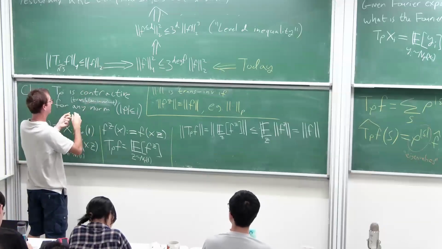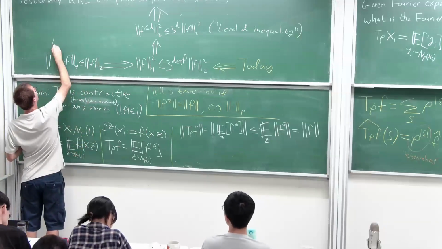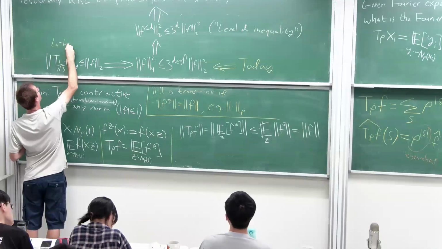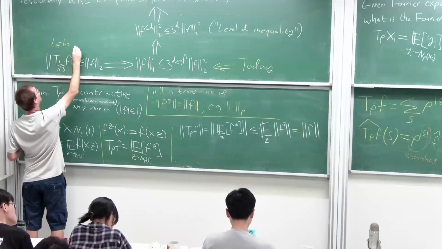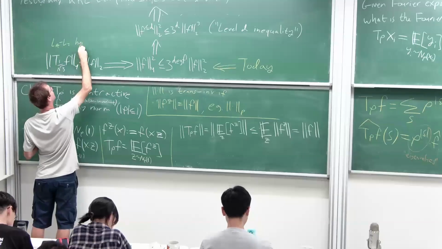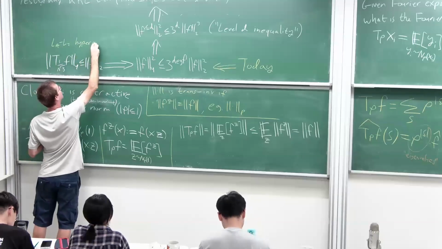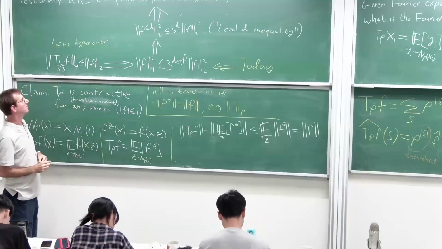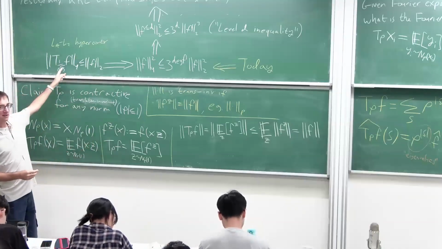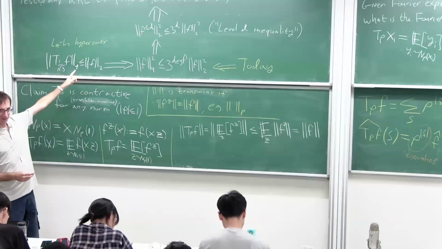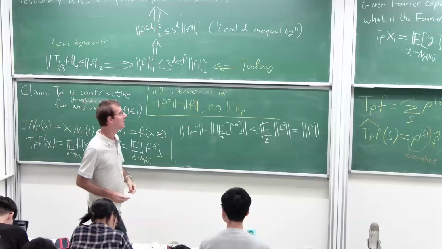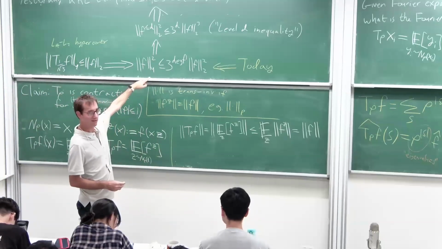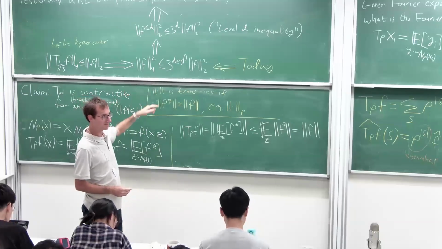So this is L4, L2 hypercontractivity. This is Bonami's lemma that we are actually going to prove by induction. And this will imply this thing. And we'll see it now.